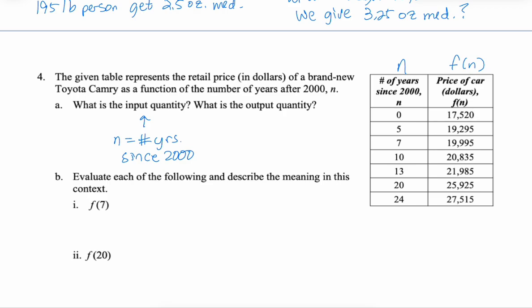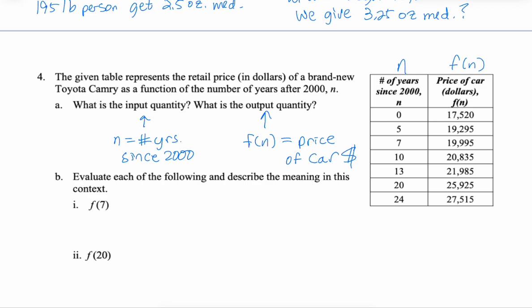That is our independent variable. Our output is that price. So that's F of N, which is the price in dollars for the car. Remember, they gave it to us in dollars.